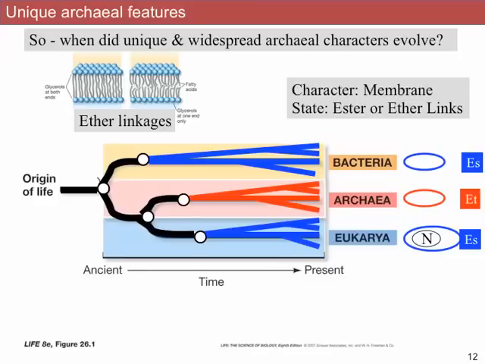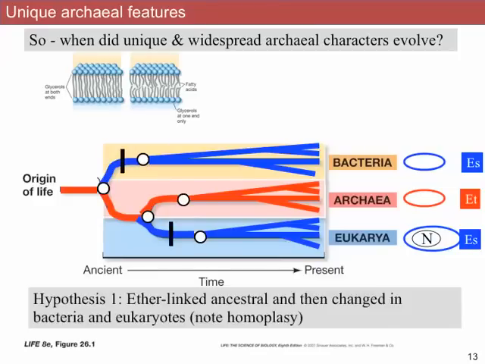and ester linkage as one character state and ether linkage as another character state, and do the same type of reconstruction. Here's one scenario. The most recent common ancestor had ether linkages, and then there was a switch to ester linkages in the lineage leading up to the common ancestor of bacteria, and a switch in the lineage leading up to the common ancestor of eukaryotes.